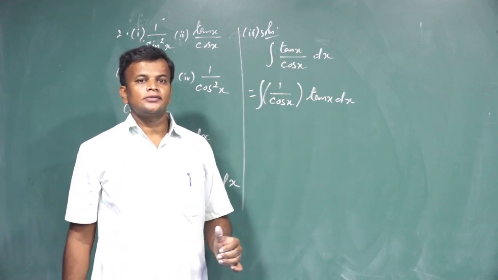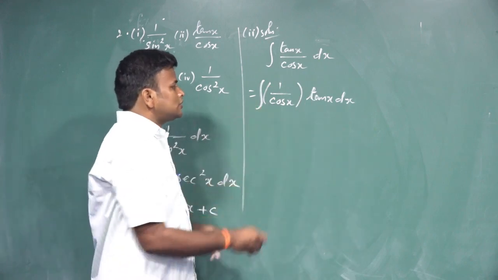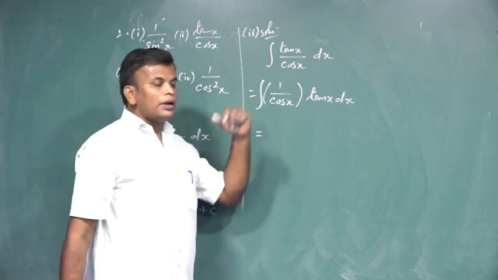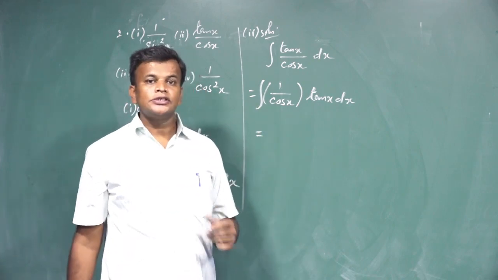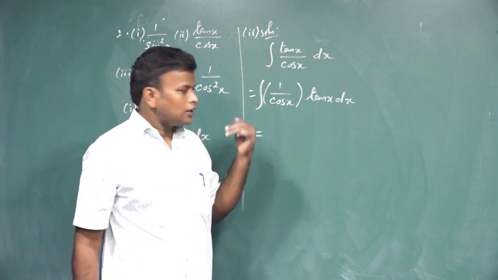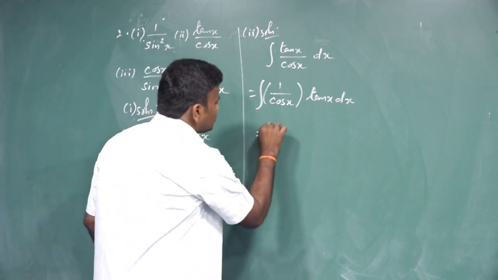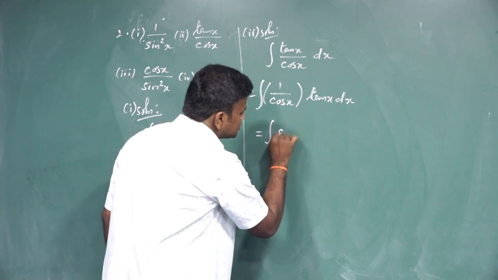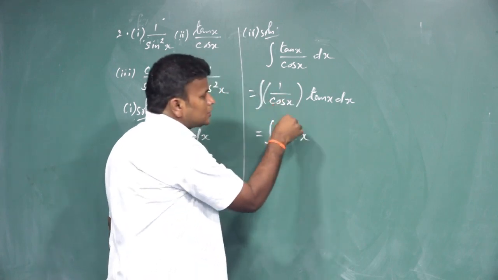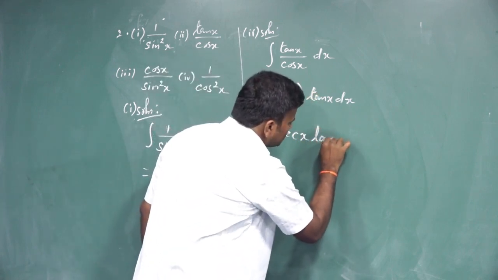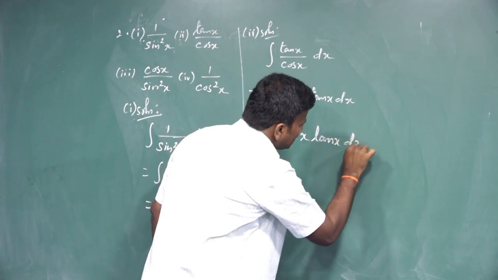What is the reason, sir, to write it in this way? 1 by cos is nothing but secant. In trigonometry, 1 by cos is exactly secant. We integrate 1 by cos x as secant x, and tan x is already there into dx.